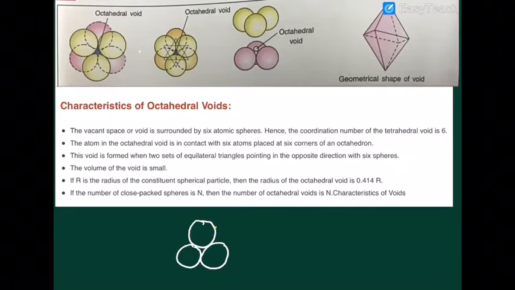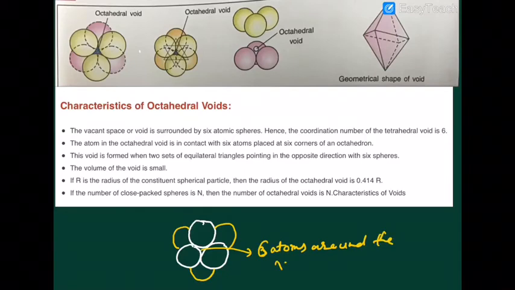So what can you see? 1, 2 and 3. So this void has 3 atoms, that are white in color, above, and 3 atoms below, that are yellow. So 3 atoms plus 3, so 6 atoms around the void.